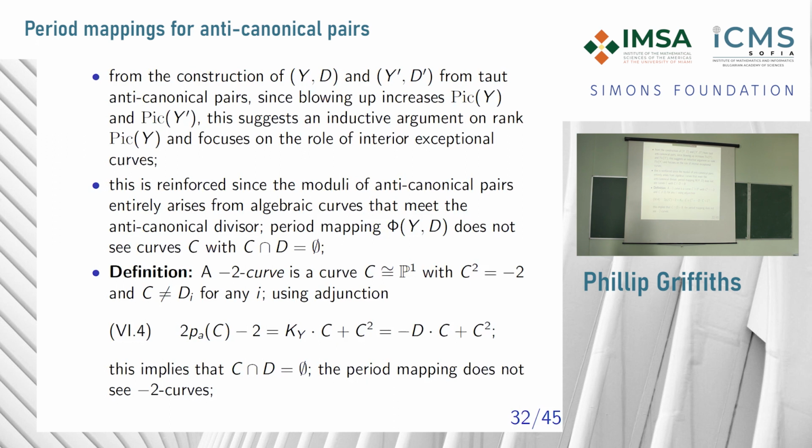So a -2 curve, that's a P1 whose self-intersection is -2, and it's not one of the components of D. By adjunction, you find that it doesn't meet D, because C squared is -2, the canonical term is 0, so D dot C is 0. So any -2 curve doesn't meet the anti-canonical cycle.